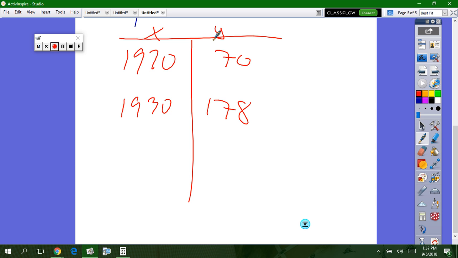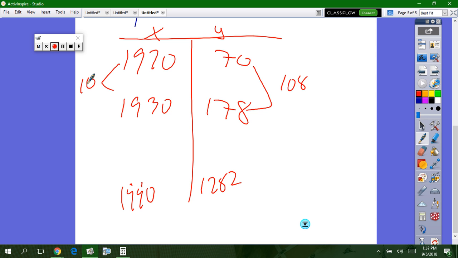Now what if I had 1990 really quick? What was that amount again? 1282. Okay, so for part A, they ask us to find the average rate of change between these two years. Correct? So how much did I just go? I went up 108 schools in that 10 years, didn't I? You guys agree with me?